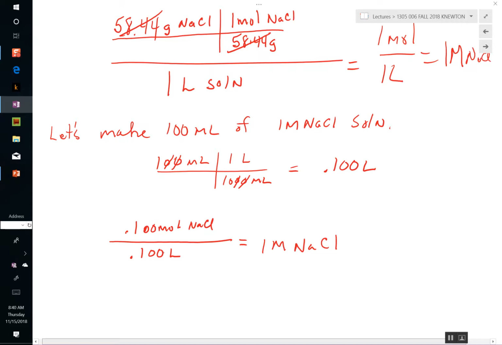All right, so that introduces you to one thing: when you talk about molarity, even though it's moles per liter, you don't have to have a liter of it to have something at that concentration.